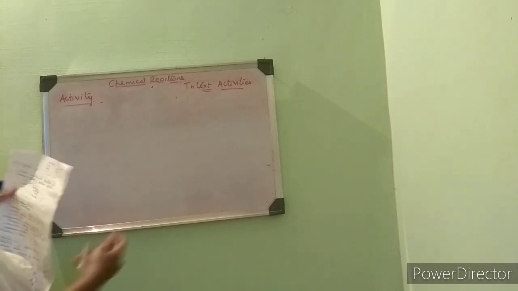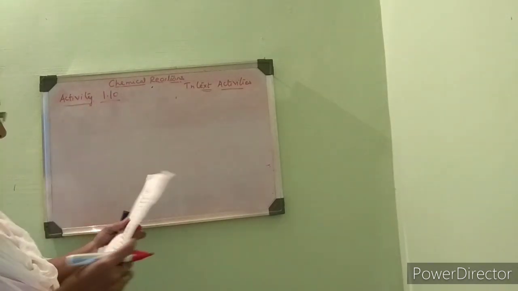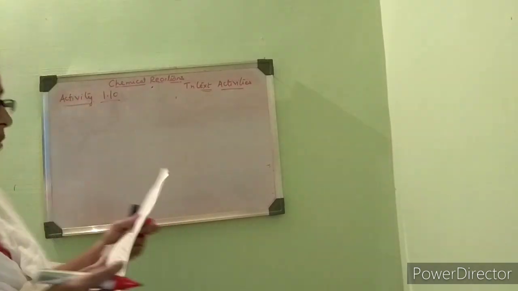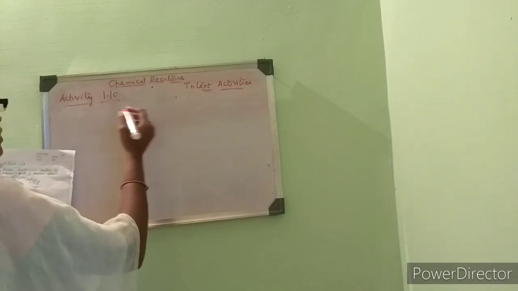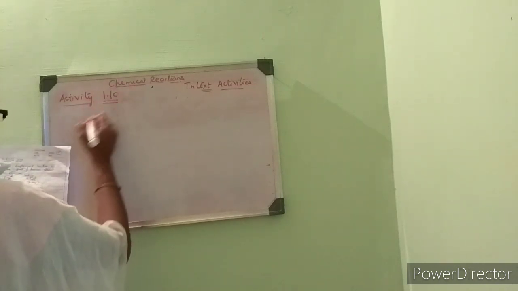So next we will see 1.10. So 1.10 states it is again a double displacement reaction wherein sodium sulfate and barium chloride are used.